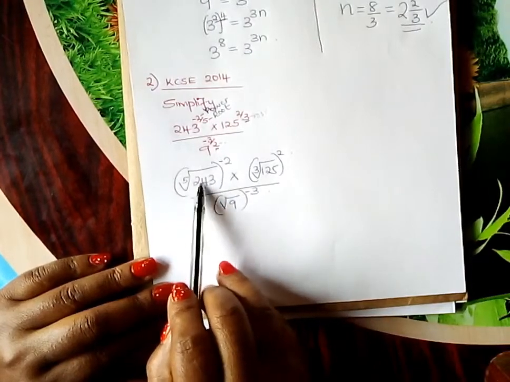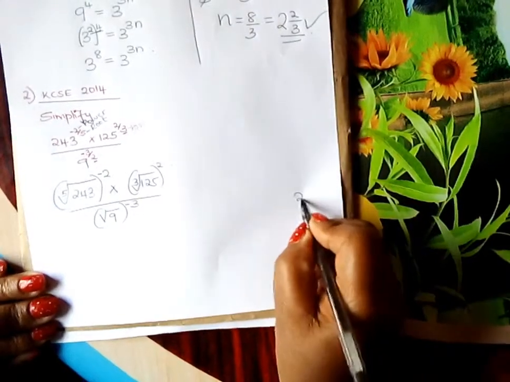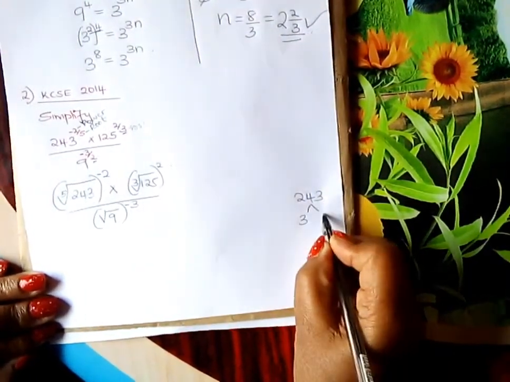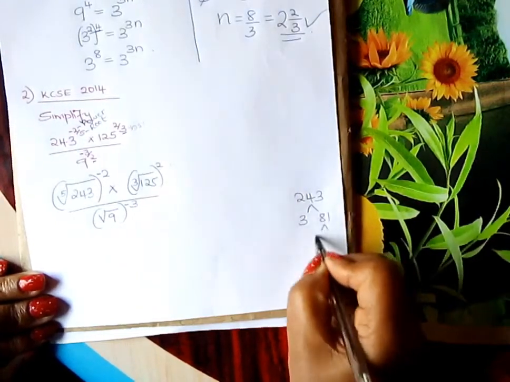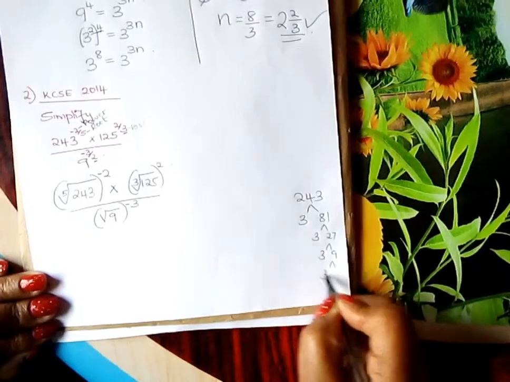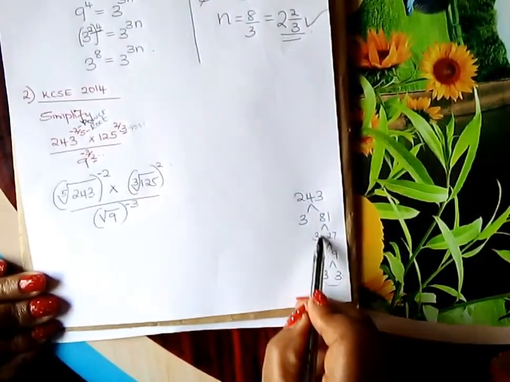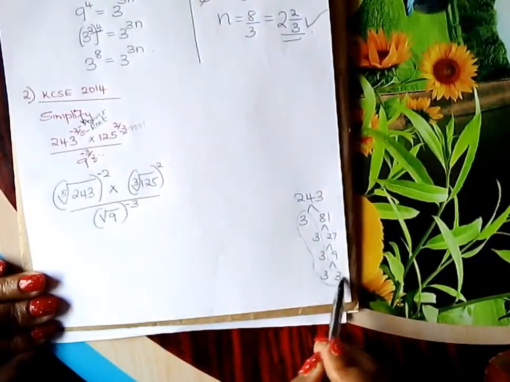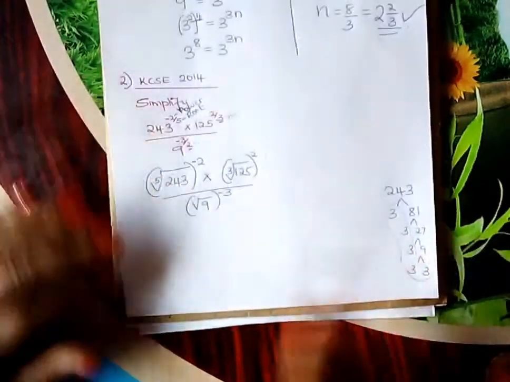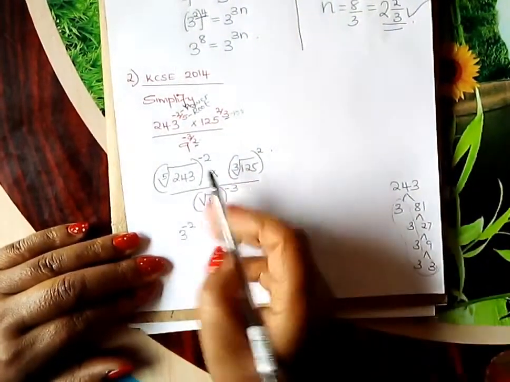You can use the factor method, learner. For 243, maybe I can just demonstrate: 3 times 81, 3 times 27, 3 times 9, 3 times 3. The 3s are 5 of them, so the fifth root will just be 3. You just pick 3. So fifth root of 243 is 3, and therefore raised to negative 2.